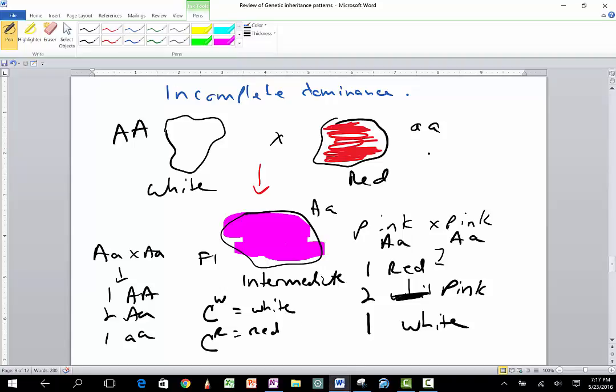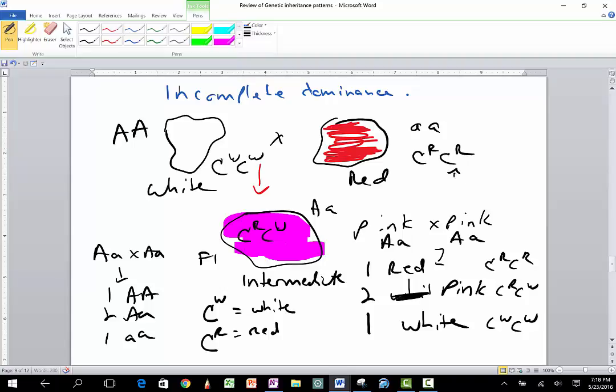So it makes this guy C^R C^R, and this guy C^W C^W, and this guy C^R C^W, heterozygous. And then C^R C^R, C^R C^W, C^W C^W. So it's just a slightly different allele designation.